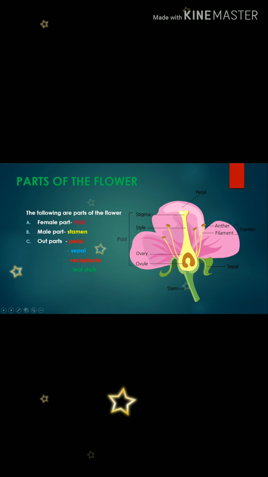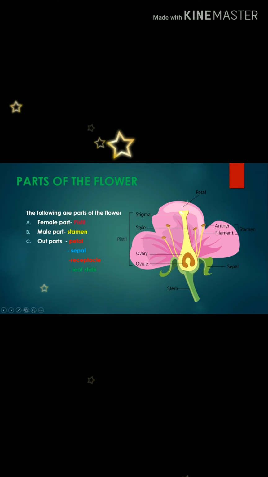Now, the flower has parts. There are mainly three parts of the flower. Number one, the female part of the flower, which is also known as pistil. But also we have the male part of the flower, which is also known as stamen.